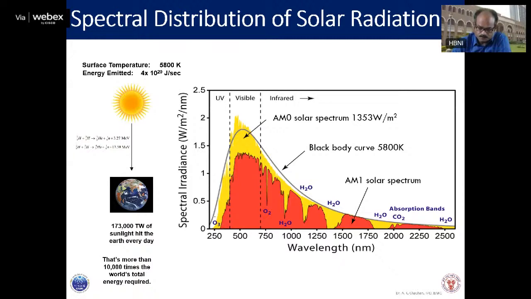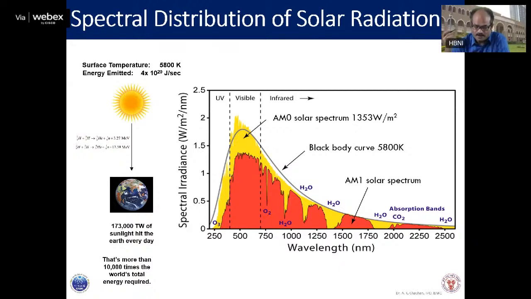Now ideally we should be receiving this kind of spectrum at the Earth. But what we receive is this spectrum, which is in the red form. Some parts are available, some parts are missing at certain wavelengths.